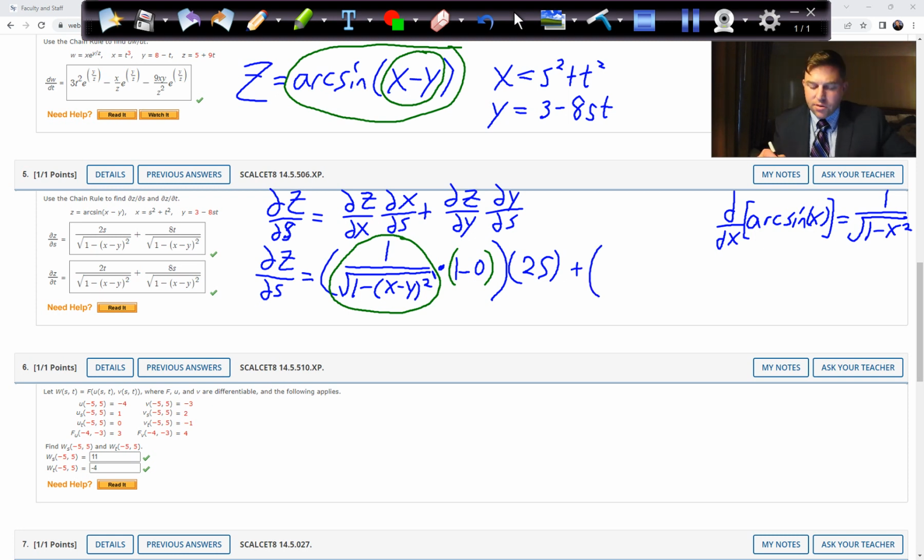dz/dy. Now we can use symmetry here. This is going to be very similar. It's going to be 1 over the square root of 1 minus the quantity x minus y squared. But now it's times the derivative of the inside where y is the variable, so it's going to be 0 minus 1. Then it's times dy/ds. dy/ds would be, 3 goes away, s goes away, it'll be negative 8t.